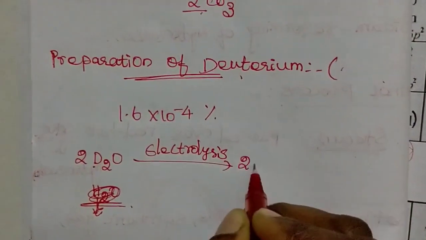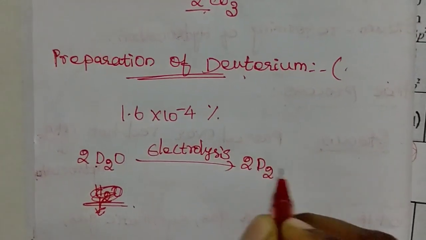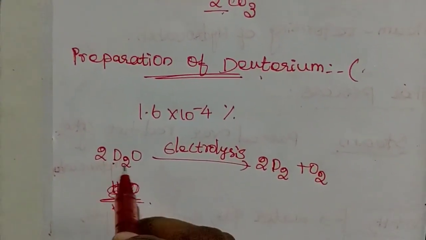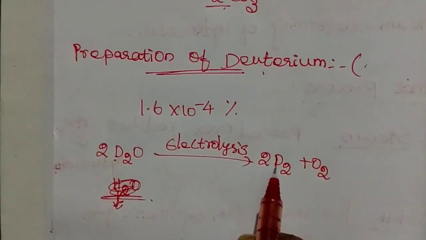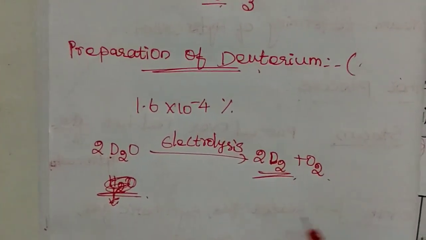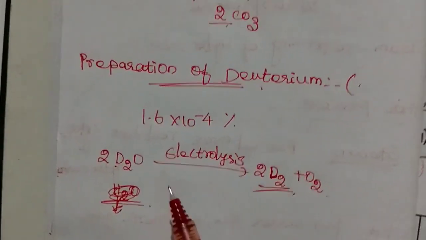Okay, so D2 plus O2 is produced. How many deuterium are present? 2 into 2, 4. And 2 oxygen. So deuterium is separated out by the electrolysis of heavy water.